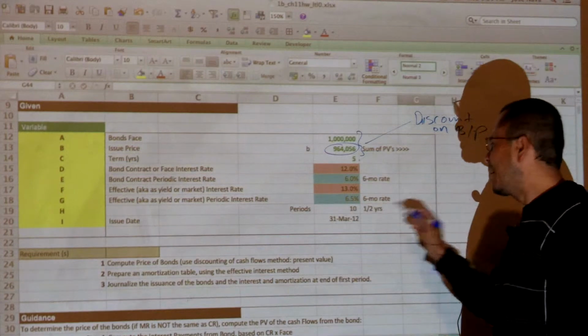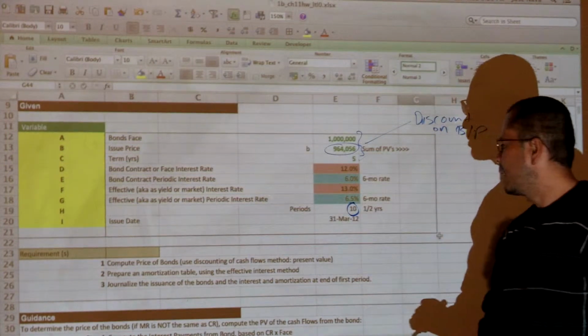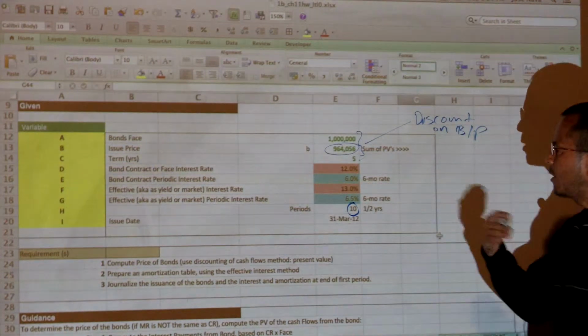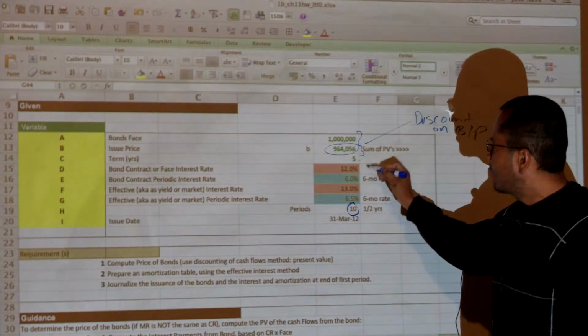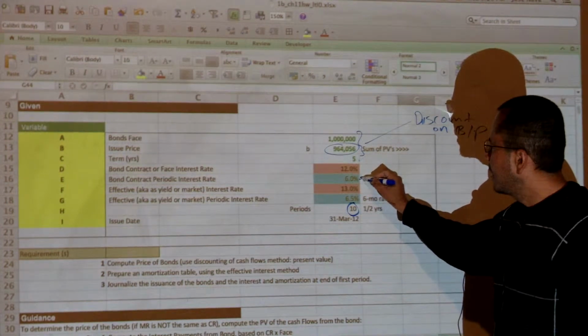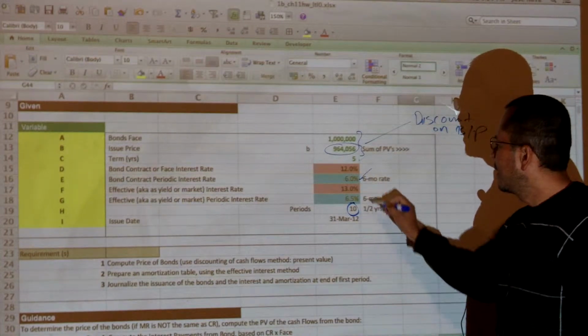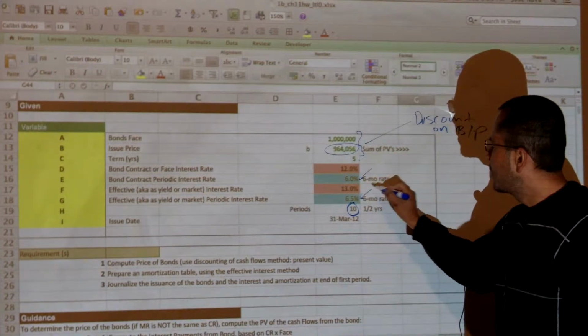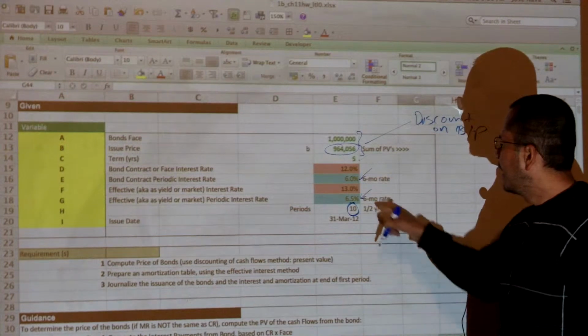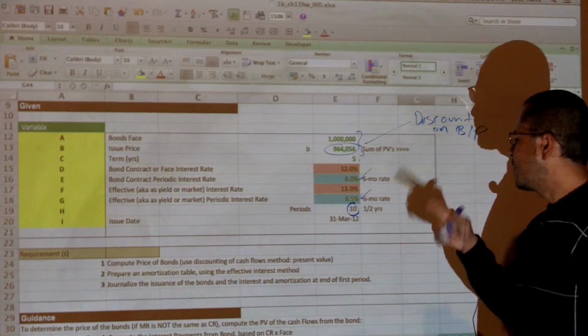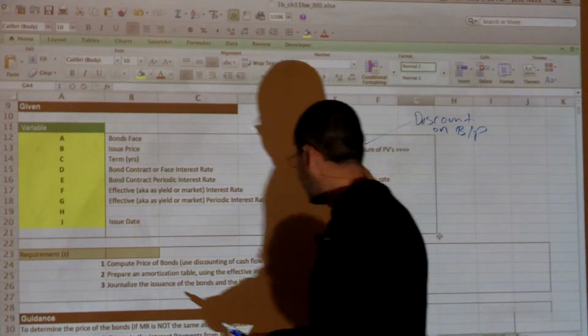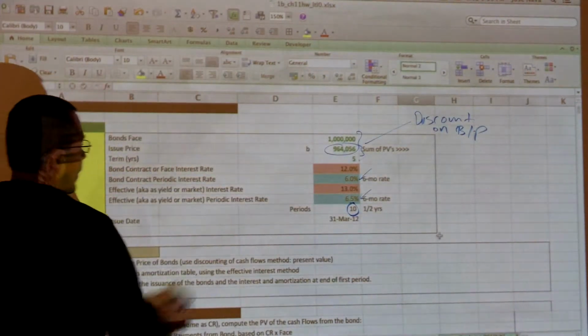So that means that it is 10 periods instead. So that's really what we need to always remember. And because we're using 6 month periods, the rates we'll be using for the interest payment itself will be 6%, and eventually for the present value calculation that we'll be making, it will be 6.5%, which is half of the 13%. So keep that in mind as we move forward in this example.